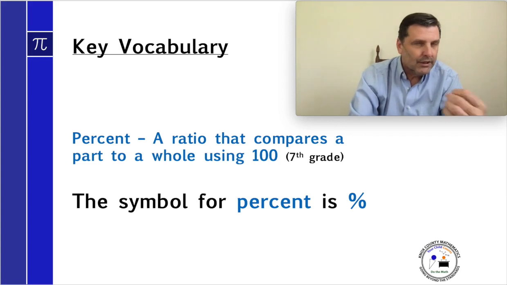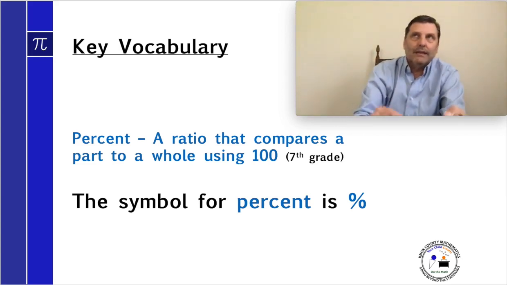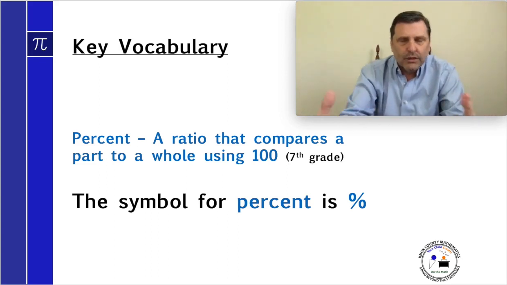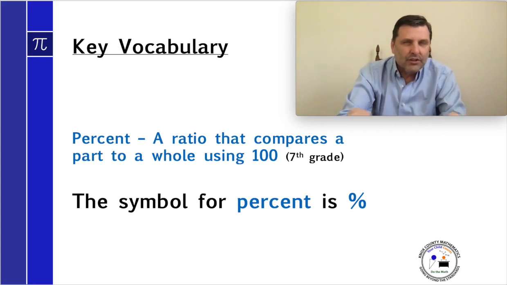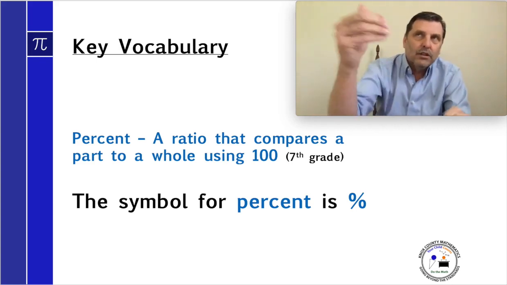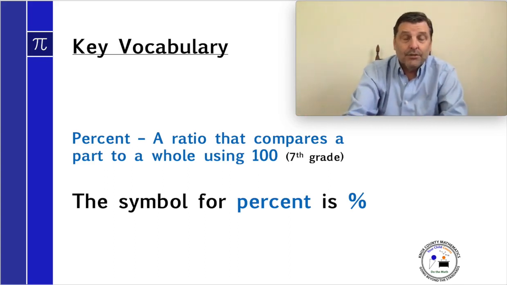Well, which one did better? Do we just look at the numerator, the 6 in the 6 out of 7, or do we look at the denominator? Which one do you look at? Well, it's easy since the denominators are different.